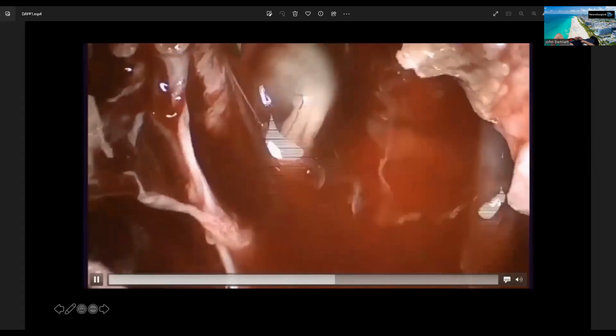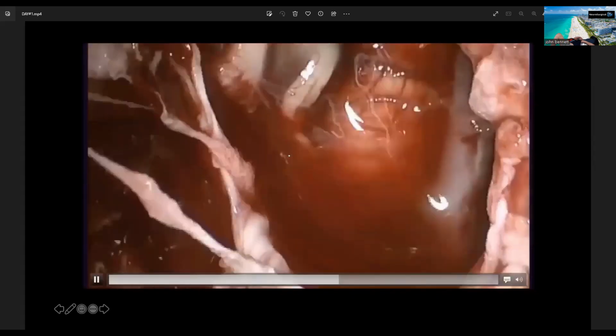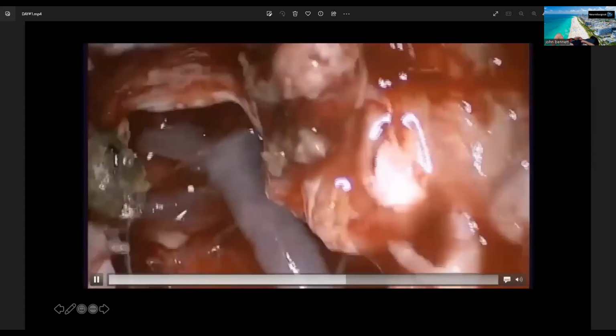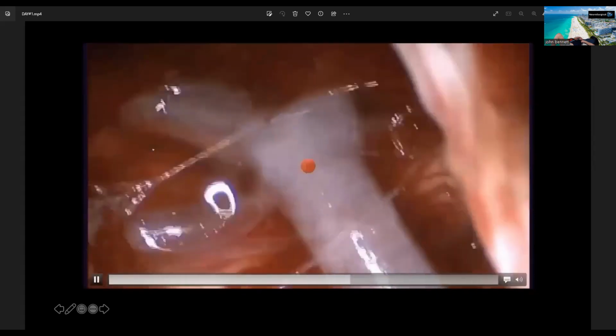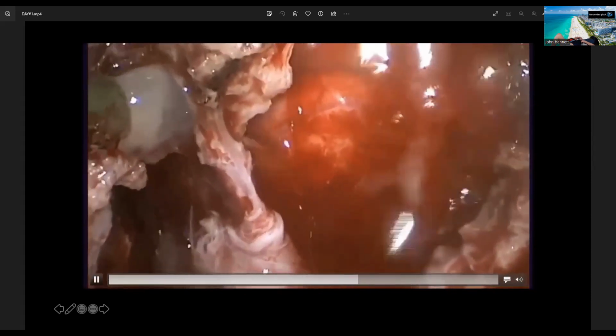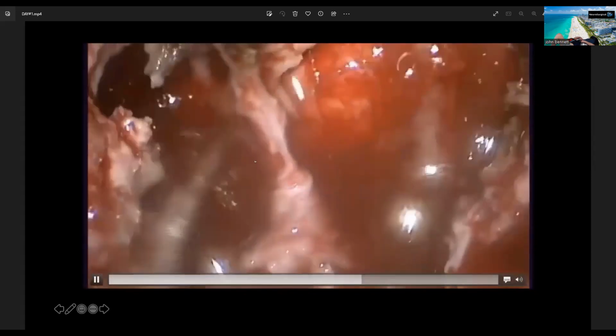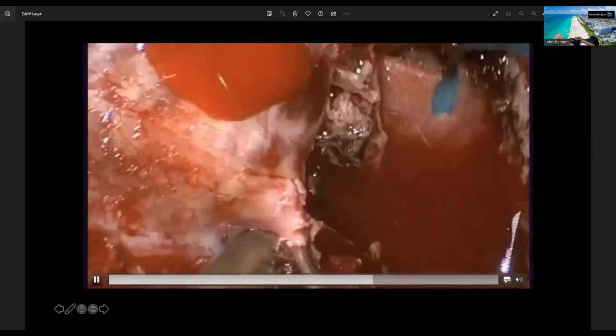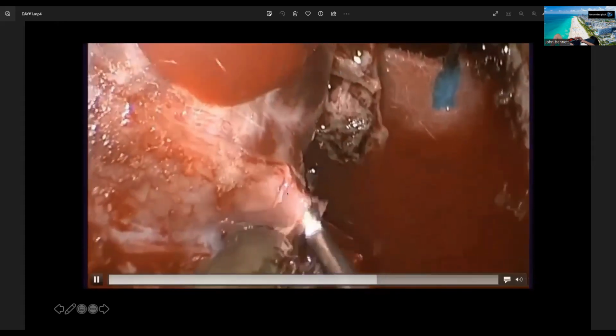This is a pediatric case, only 14 years old, and we start to clear more of the dura, as you can see. Then we open the medial cavernous sinus, and initially you get the tumor, as you can see here. It is clear. We explore more, as you can see at the moment, the cavernous sinus, for any remnant.